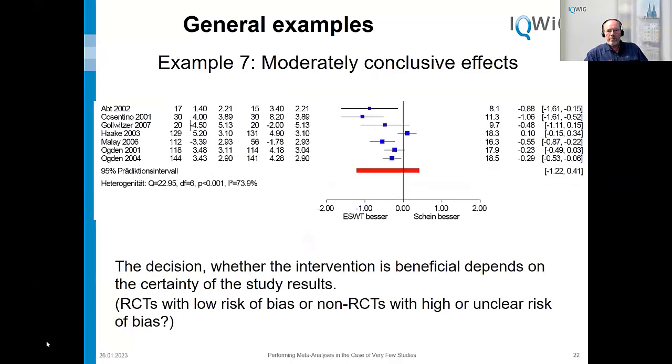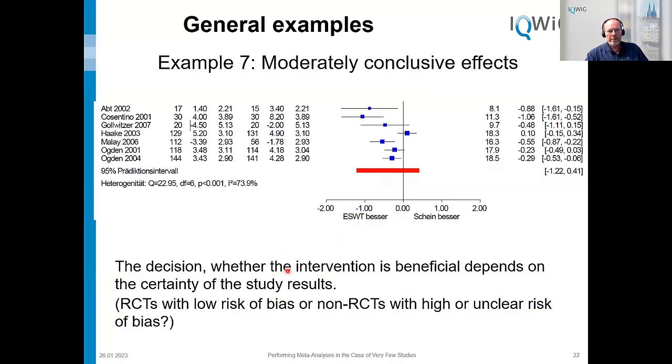Here's a situation with moderately conclusive effects. You have a conclusive data situation because most of the evidence is lying on this side, but the prediction interval includes a zero effect, which means that you have conclusive effects, but they are only moderately conclusive.